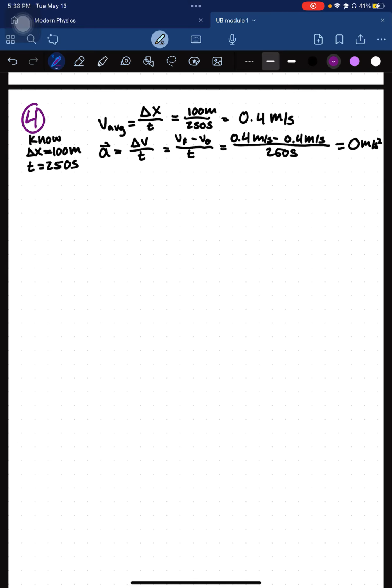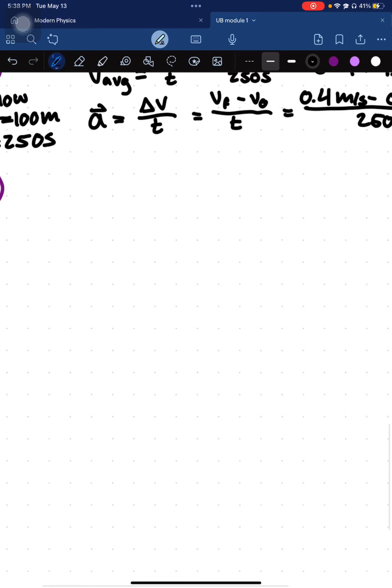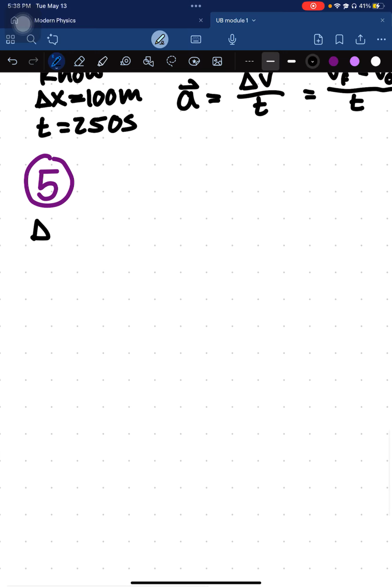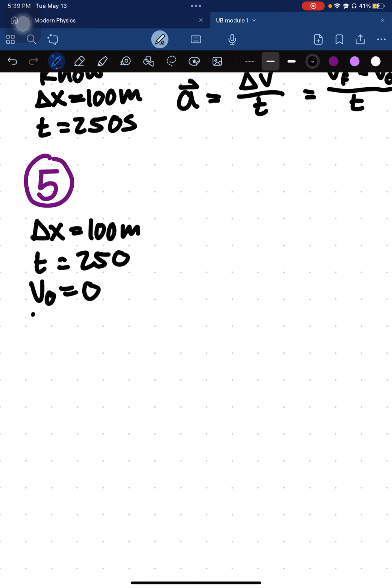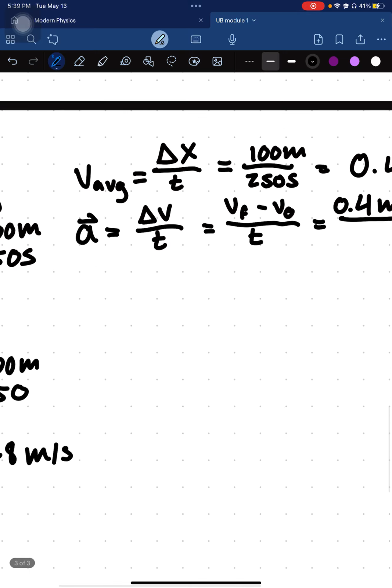Okay, for problem 5, we have the same delta X, the same T, but here we also have an initial velocity of 0, so it's at rest, and a final velocity of 0.8 meters per second.